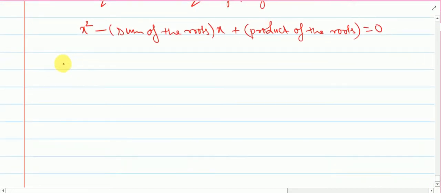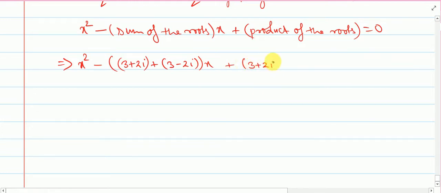Now let us substitute the values. So we get x square minus 3 plus 2i plus 3 minus 2i. Yes, these are the roots, and here we have to take the product of these two roots. So 3 plus 2i into 3 minus 2i equal to 0.